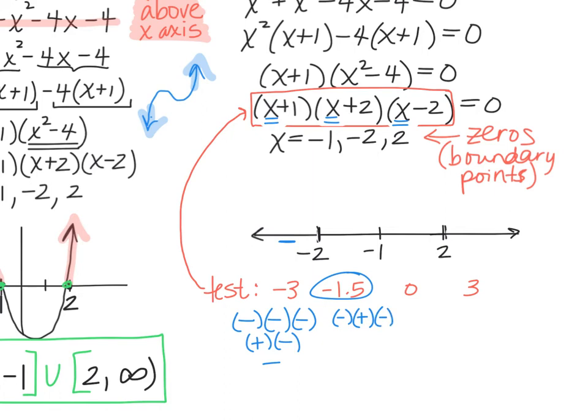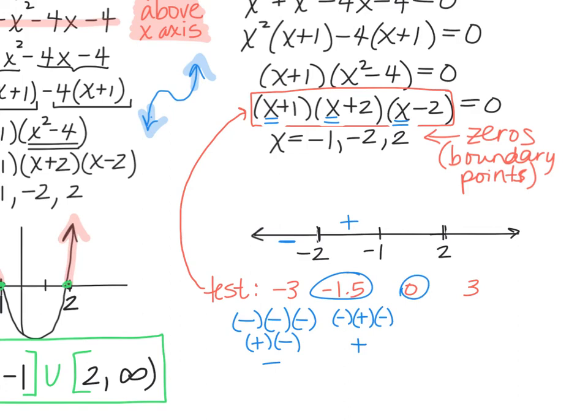So this time we have a negative times a positive times another negative, which ultimately will leave us with a positive output. So that means any number chosen between -2 and -1 yields a positive output. So I'll put a plus sign in between -2 and -1, and again, I like that plus sign to be above this number line. Let's keep going.